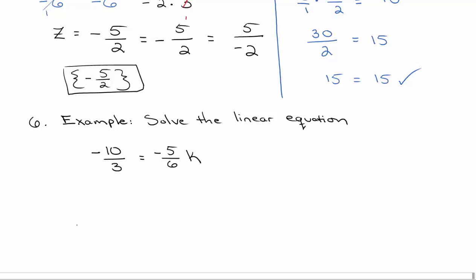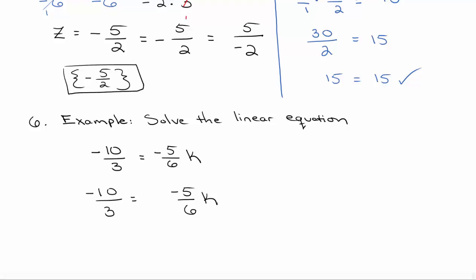Since we are multiplying k by -5/6, I need to multiply by the reciprocal of 5/6. Let me rewrite the equation. The reciprocal of -5/6 would be -6/5. And I'm going to multiply that to the other side of the equation as well.